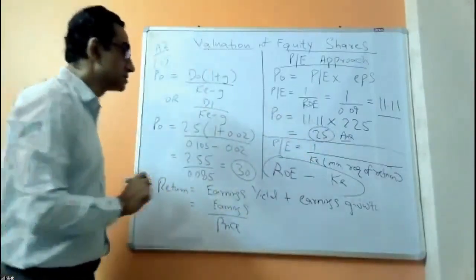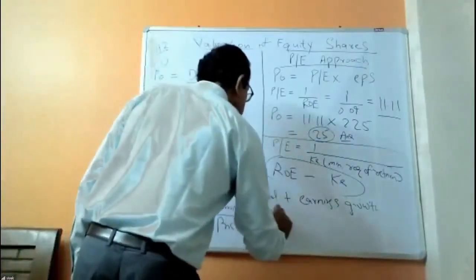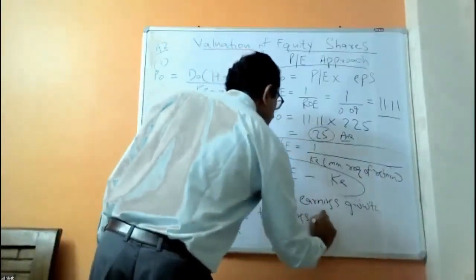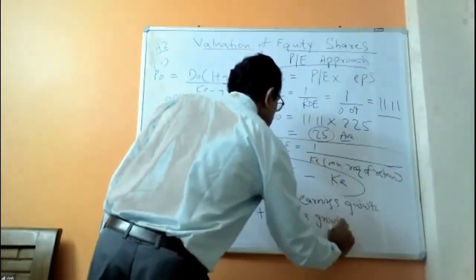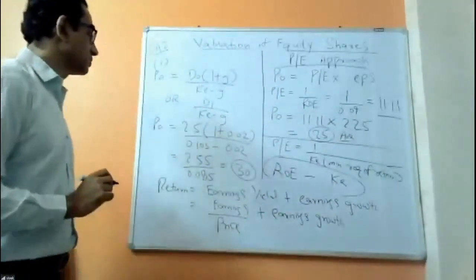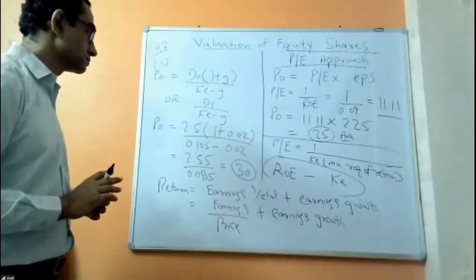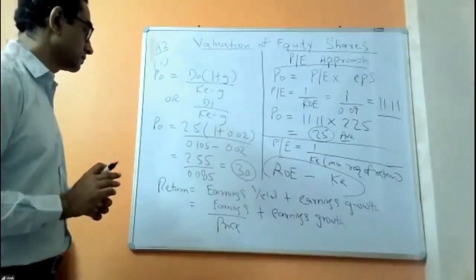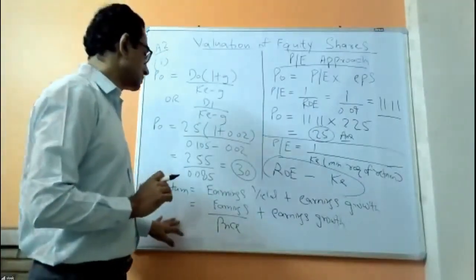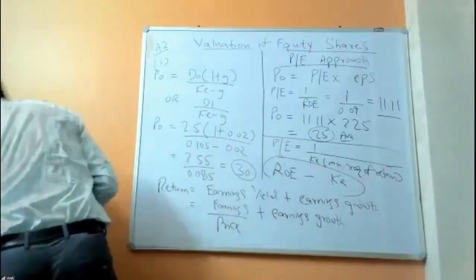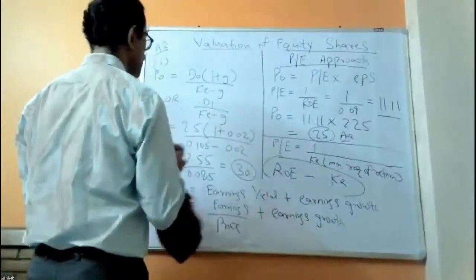So return is earnings upon price plus earnings growth. And what is the price earning ratio? Price earning ratio is price upon earnings.